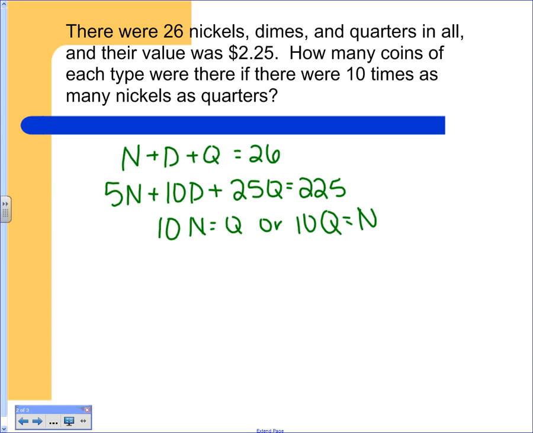All right, which one is it? Which one is more? Which is more, nickels or quarters? Like that? Okay. Now what are we going to do?